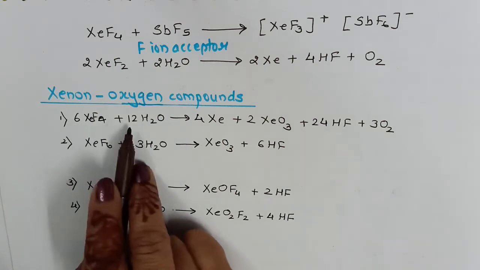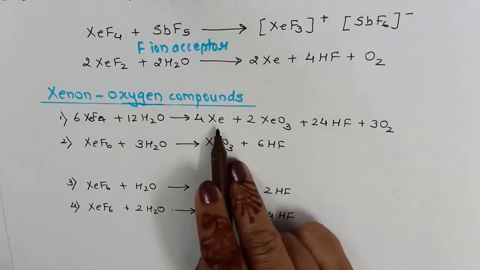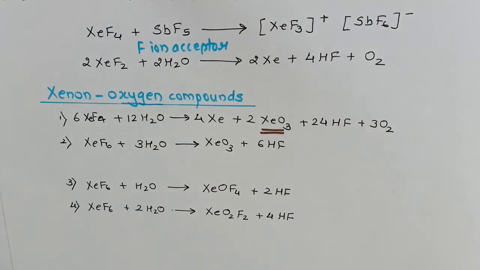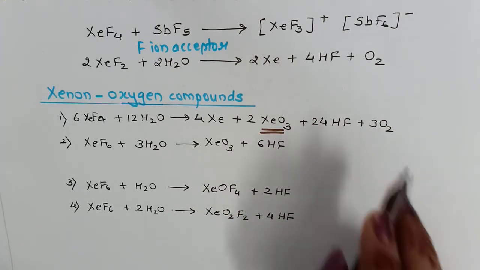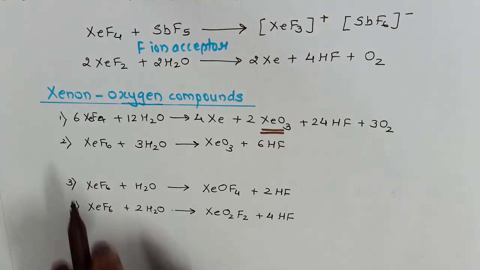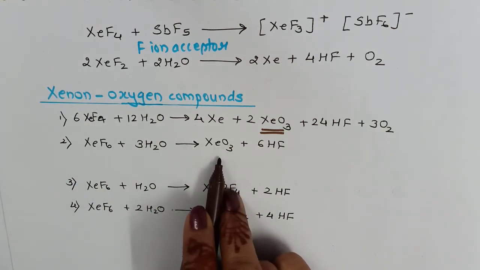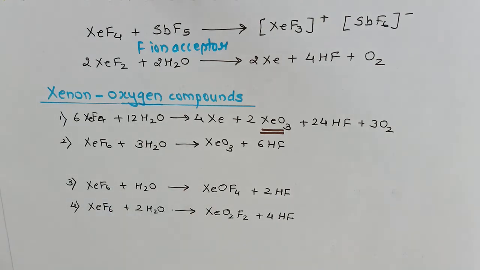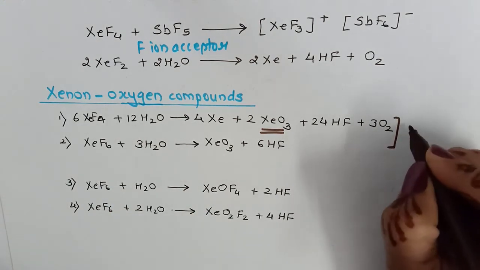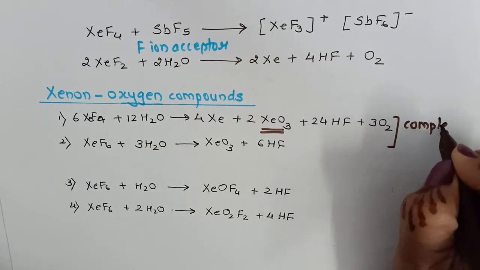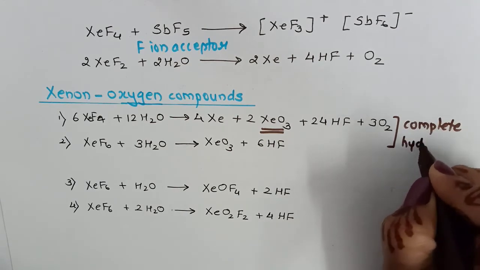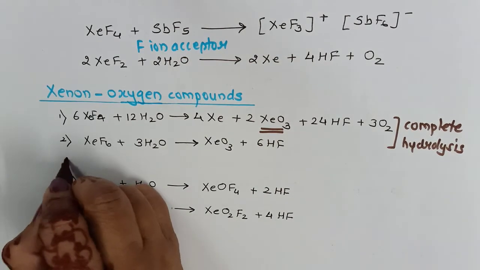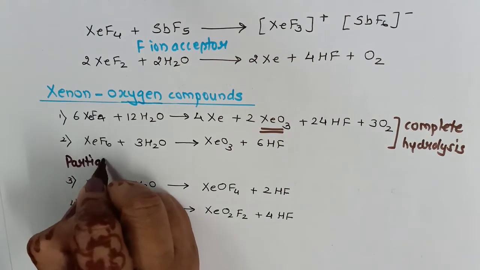For example, XeF4 when hydrolyzed gives xenon and compound of oxygen and xenon XeO3 as well as hydrogen fluoride and oxygen. Also, it can give XeO3 plus 6HF if we reduce the amount of water. Now, these two reactions are called complete hydrolysis, whereas the next two reactions are called partial hydrolysis.